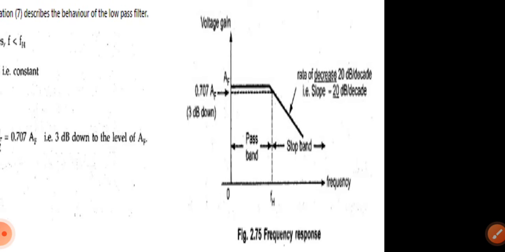It's 3 dB down because the power drops to half. That is the pass band, this is the stop band. In the higher frequency, the gain is lower. In the lower frequency, the gain is higher in the low pass filter.